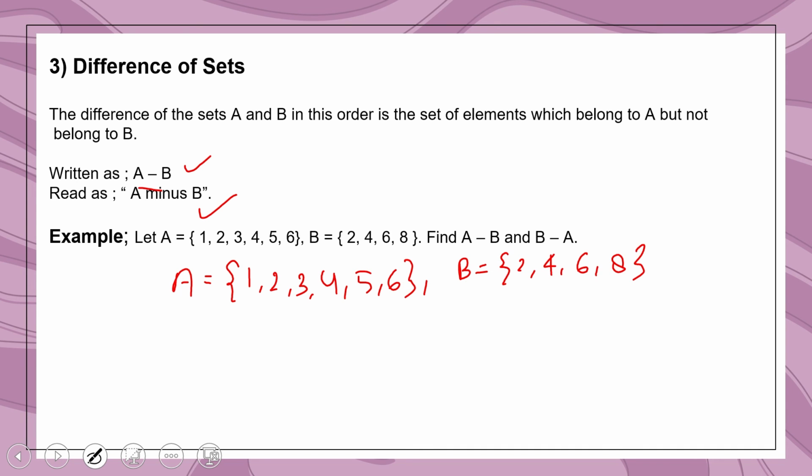So A minus B: cut those elements which belong to B. B has elements 2, 4, 6, 8.